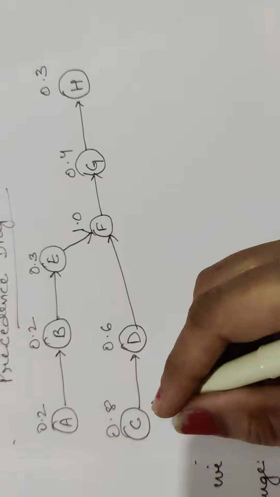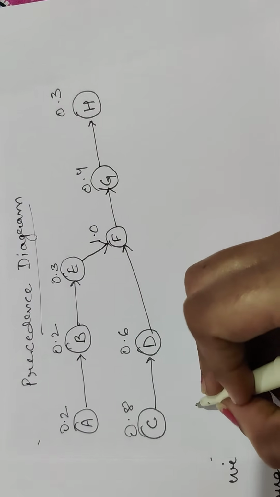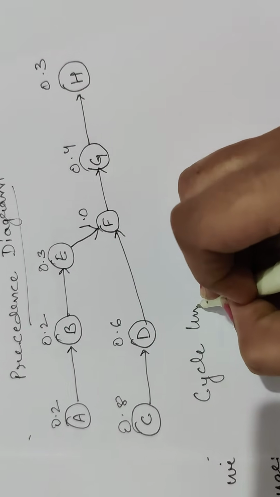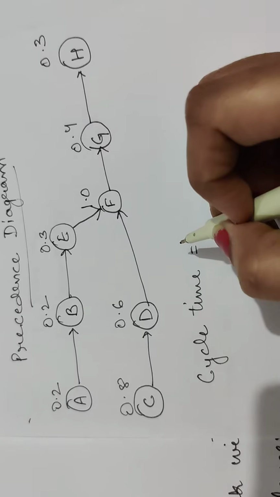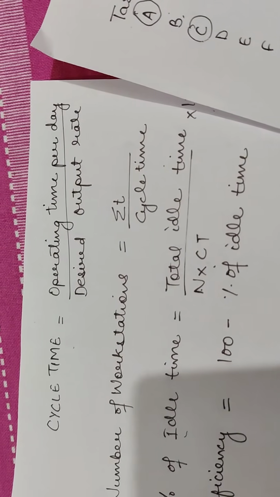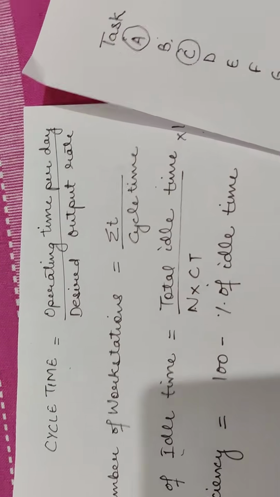Now the next step is we need to calculate cycle time. Since I have mentioned the formula of cycle time, which is equal to operating time per day divided by desired output rate.